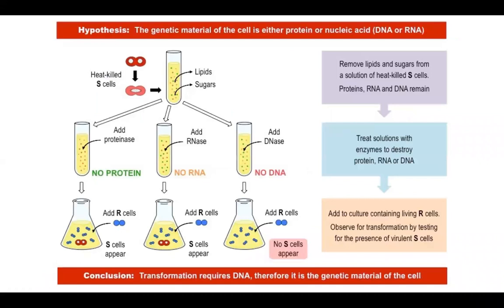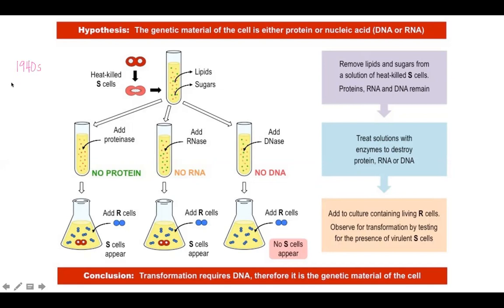In the 1940s, 3 scientists performed another experiment that also added evidence that DNA is the transforming principle observed by Frederick Griffith.